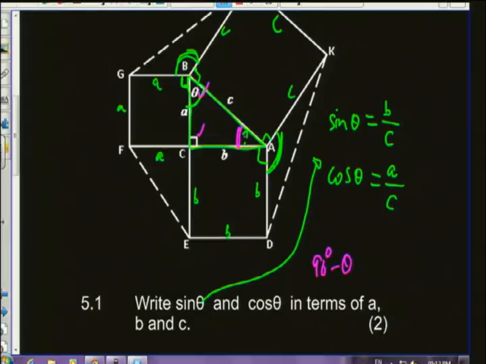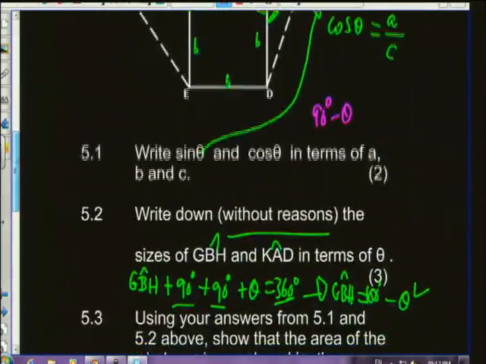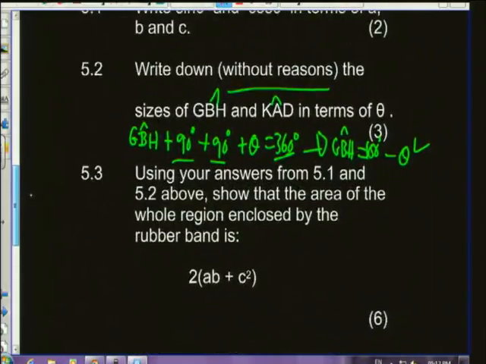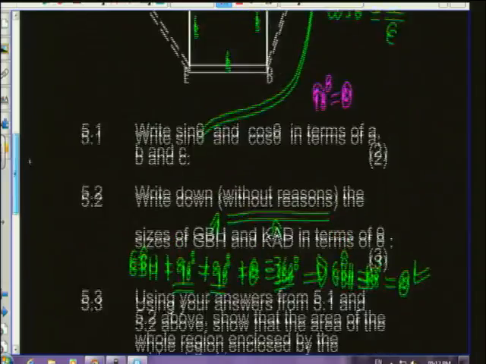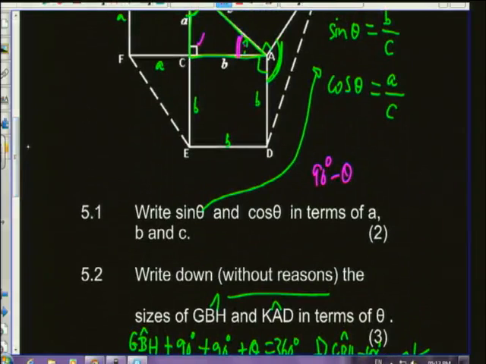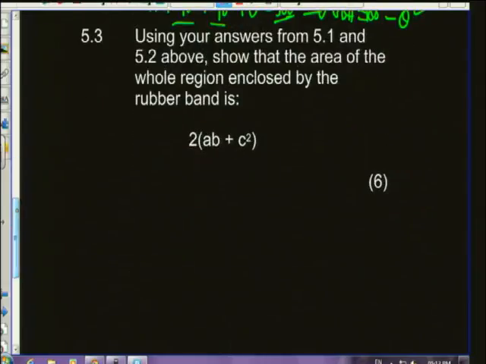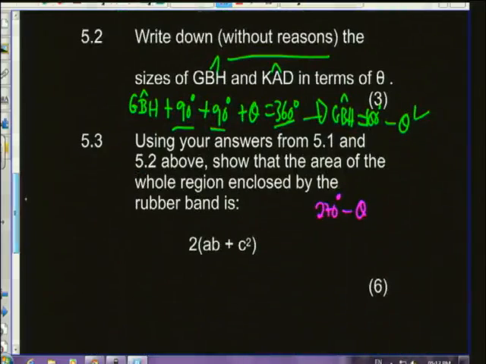as that angle. Now, to complete that, we have 90 plus 90 minus theta plus 90. That gives us 270 degrees minus theta. So we've got 270 degrees minus theta, plus that angle that we're looking for, which is KAD, equals 360.